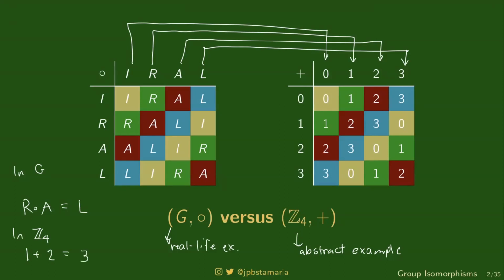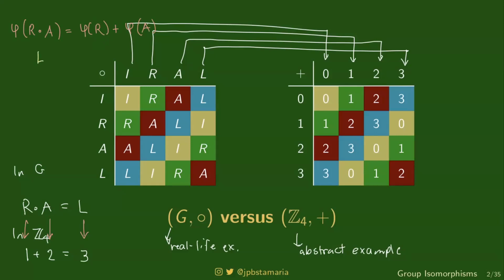Dapat daw kung si R nagko-correspond sa 1, si A nagko-correspond sa 2, dapat yung product na L nagko-correspond dun sa sum na 3. Did you understand? Yung sabihin natin na addition preserving. Yung sinasabi natin when we write phi of R circle A must equal phi of R plus phi of A. Ito yung L, no?